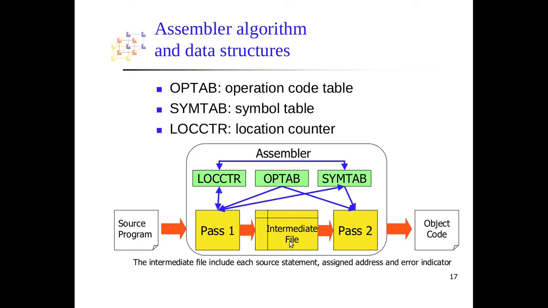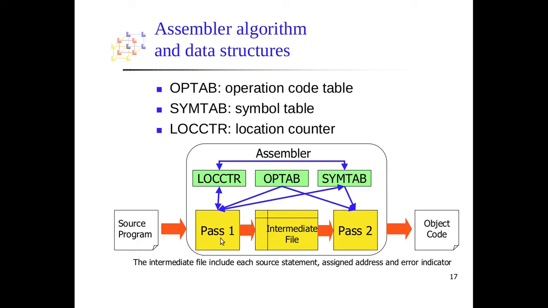During pass 1, the location counter, OPTAB and symbol table are used. Similarly, pass 2 will use the symbol table and OPTAB. The output of pass 2 will be the object code along with the assembly listing. This listing will help the programmer during debugging.